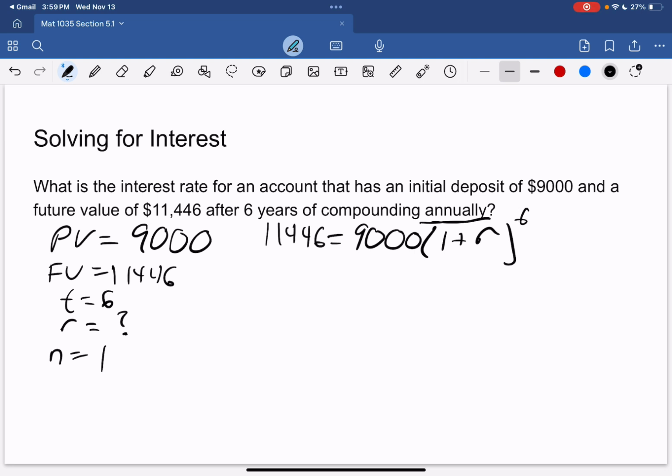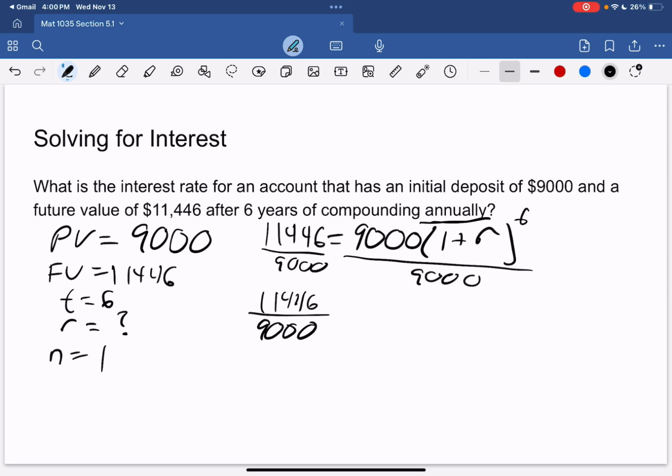Okay, so now I can solve this. So I'm going to divide by 9,000, divide by 9,000. So I have 11,446 over 9,000. I would not advise you to evaluate this.